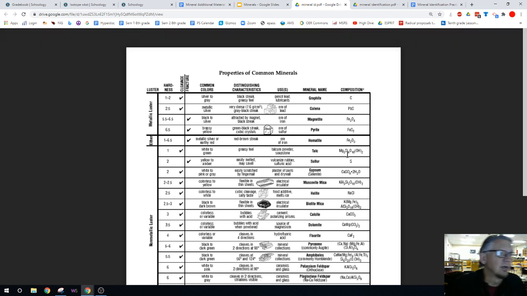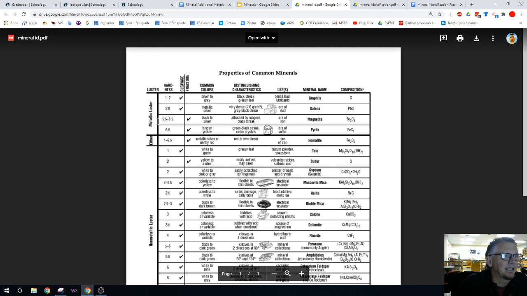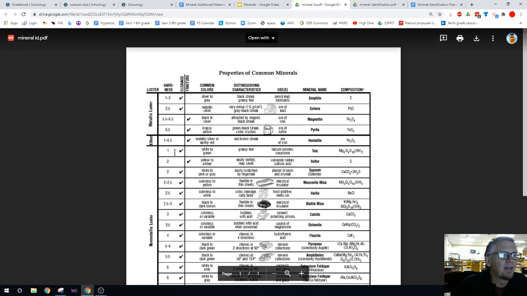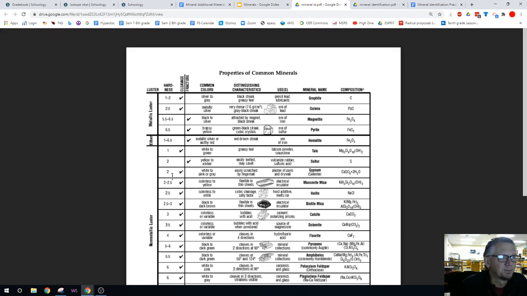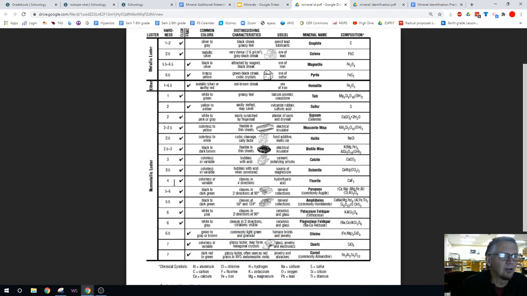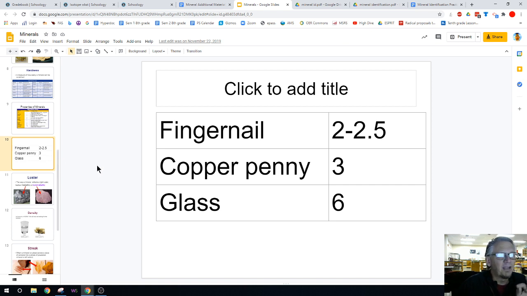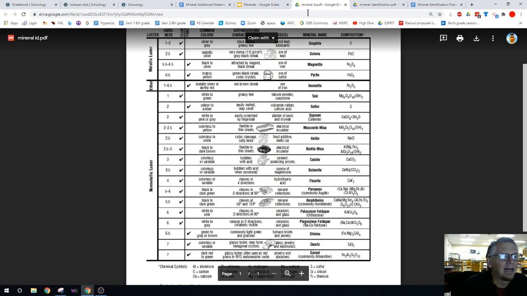This one here starts off by breaking them up into either metallic luster or non-metallic luster, and then it has hardness. And when we take a look at the hardness, a lot of times it will give a range. Well, if we take a look at hardness, our fingernail is about 2.5.